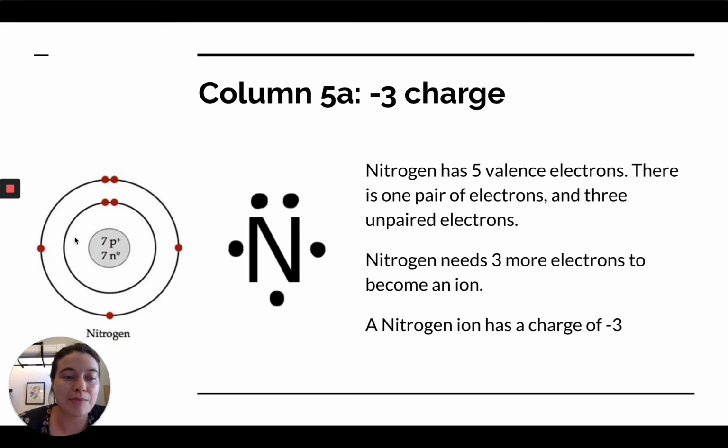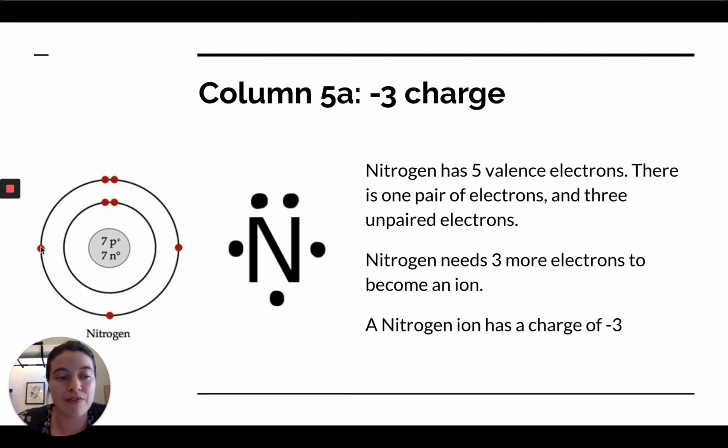Now, that innermost shell can hold up to 2 electrons, so I went ahead and filled that innermost shell with 2 electrons. The second shell is going to be holding our valence electrons. Now, looking at nitrogen, it is in column 5A on the periodic table. That means it has 5 valence electrons. So when you place them, you should have put 1 in each quadrant first. So 1, 2, 3, 4.